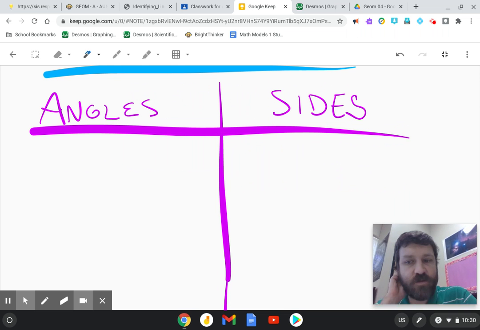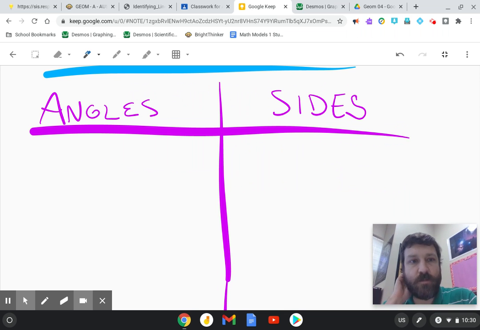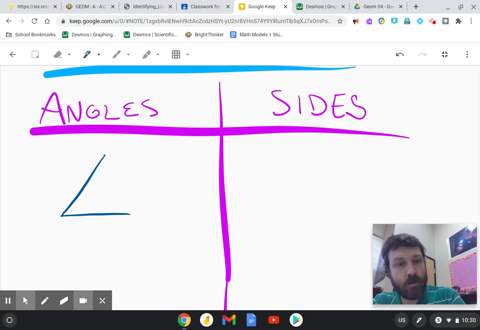So classification based on angles is going to be based on whether or not there are certain types of angles in the triangle. And these are things we've covered back in Unit 1 and 2. So for instance, one type of triangle would be an acute triangle.